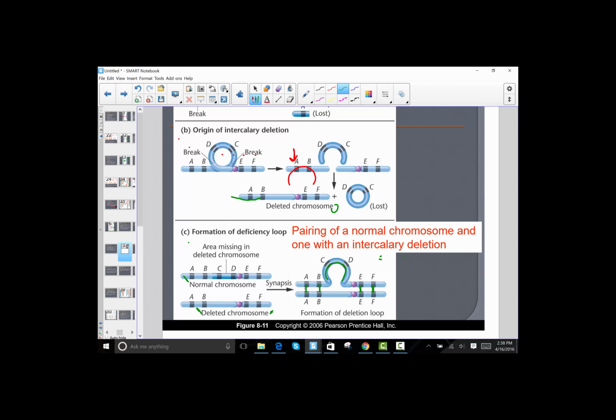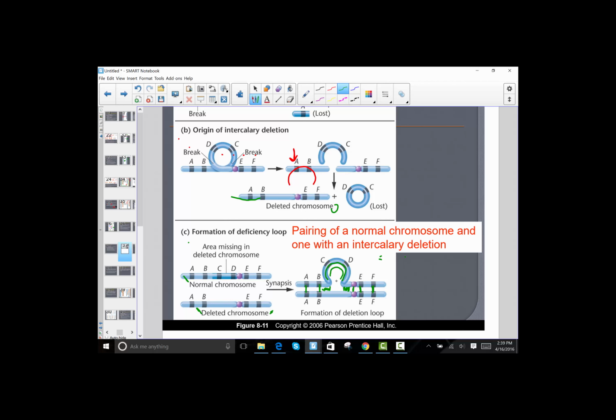So you have A and B matching up, and that would all be homologous DNA as well, and so would this. And notice that your centromeres have found each other too. So there's nothing here for this particular part of your chromosome to match up with. So it forms a deletion loop.